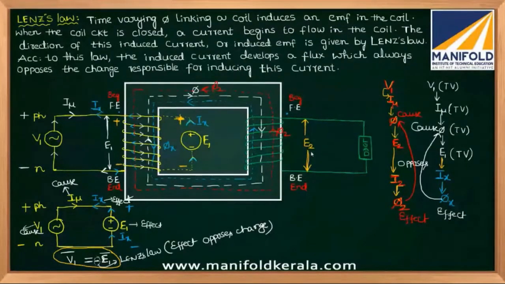Why are you saying 1? In image number 1, maybe the flux is upwards, but in image number 1 the current is entering at the front end. If current is entering at the front end, then flux will be upwards, that is okay. But here, if you want the direction of flux upwards, the current has to enter at the back end. If it is entering here, then only pi 2 will be upwards.